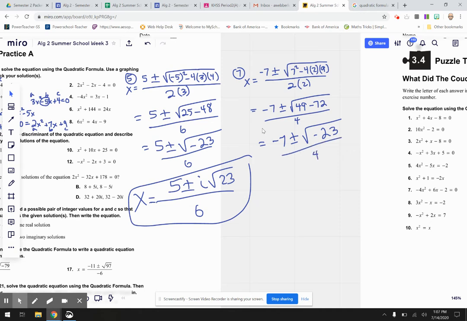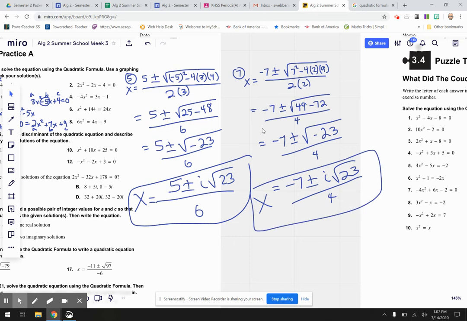When you subtract. So let's see, we're going to get negative 7 plus or minus i radical 23 over 4. That will be your x. So that was 1 through 7.